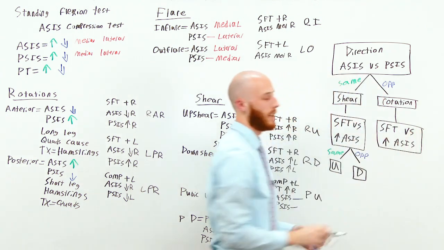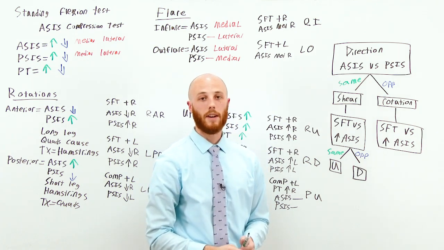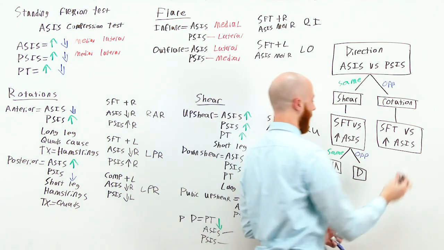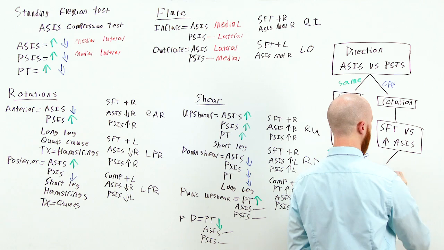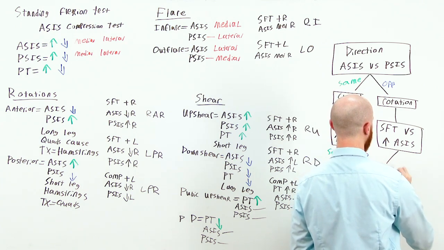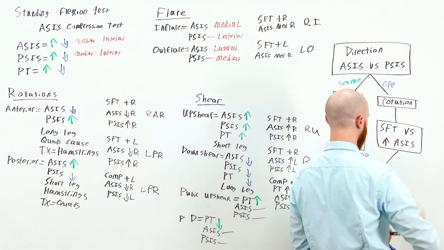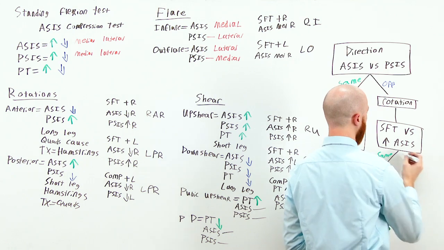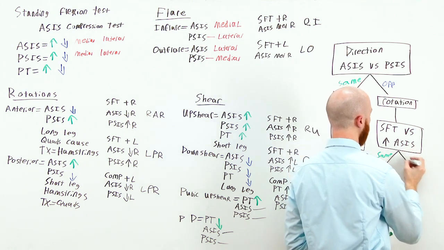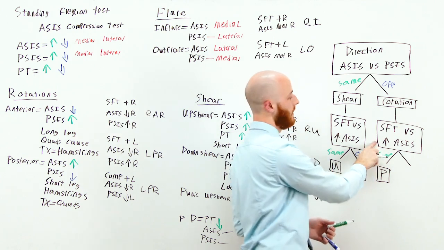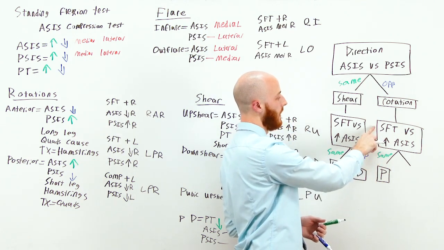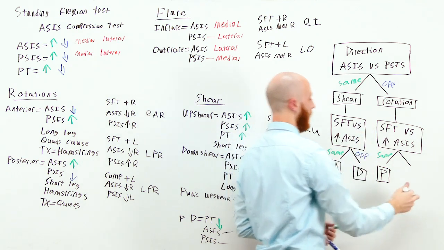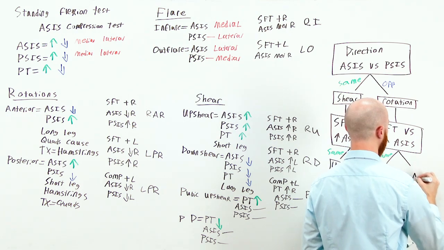If the standing flexion test is positive on the same side as the superior ASIS, you're going to have a posterior rotation. If the side of the superior ASIS is on the opposite of the side of the positive standing flexion test, you're going to have an anterior rotation.